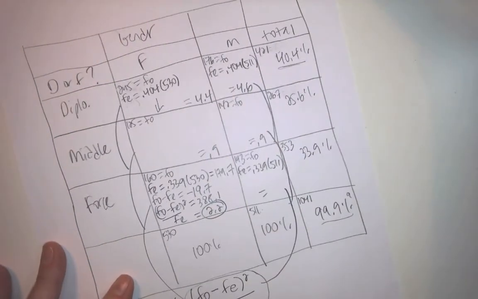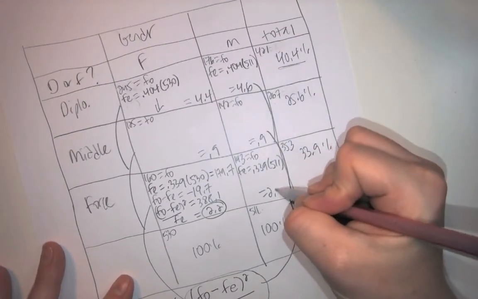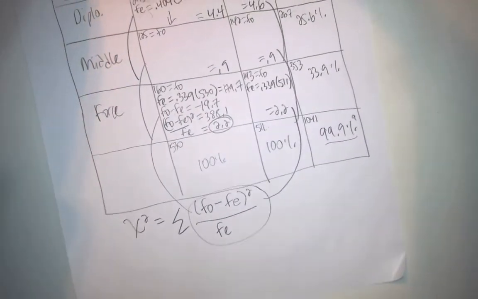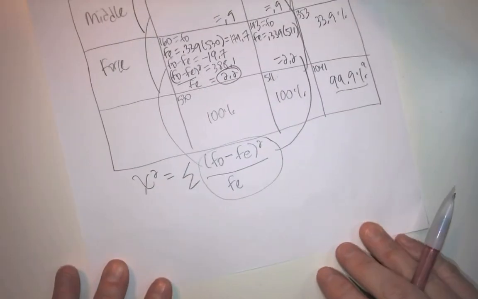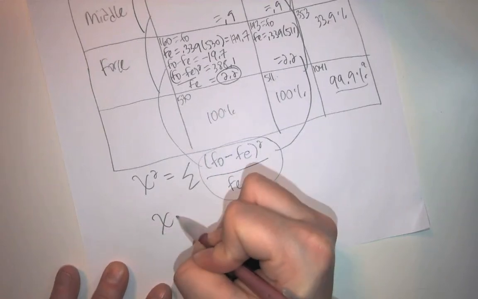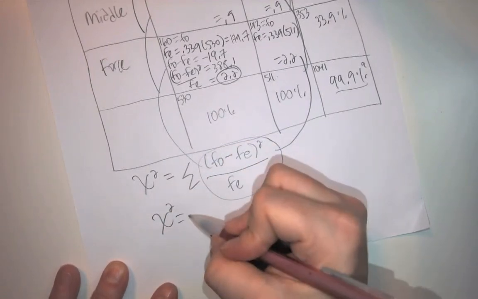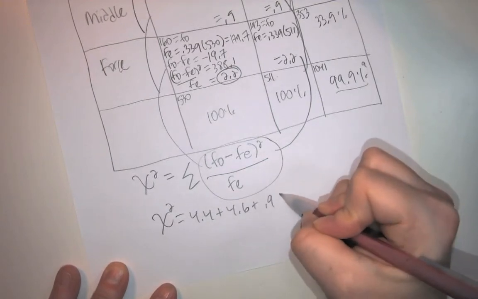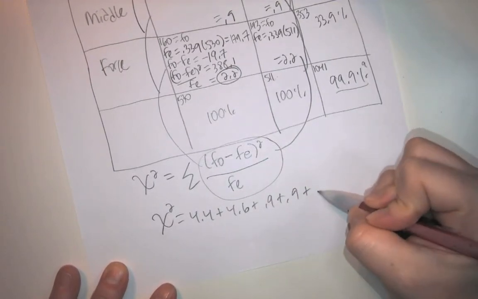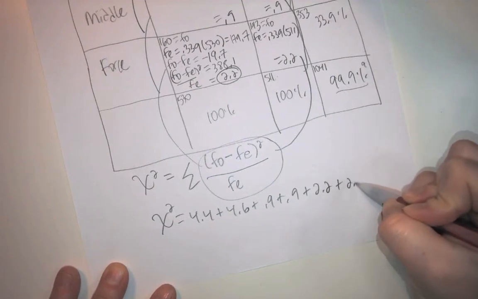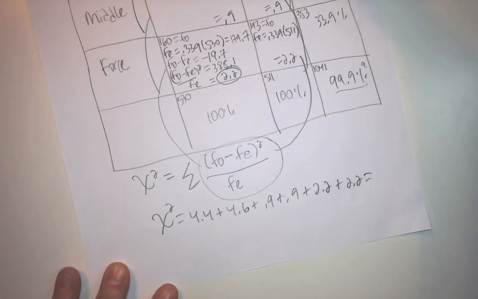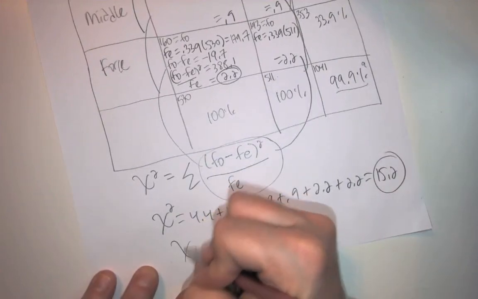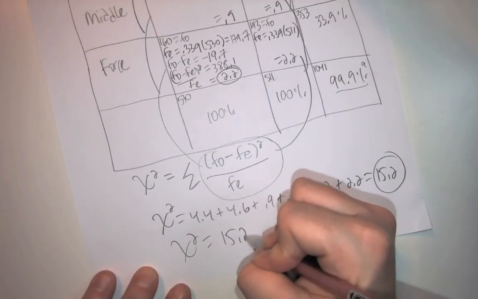And when you get the numbers for each box, you continue with your chi-square equation. So now I've got chi-square equals the sum: 4.4 plus 4.6 plus 0.9 plus 0.9 plus 2.2 plus 2.2, and this equals 15.2. So my chi-square statistic is 15.2.